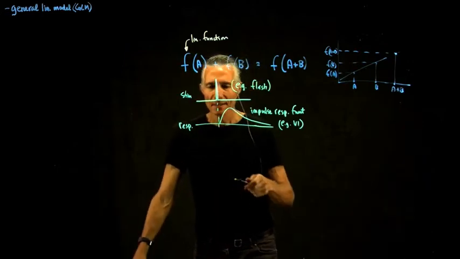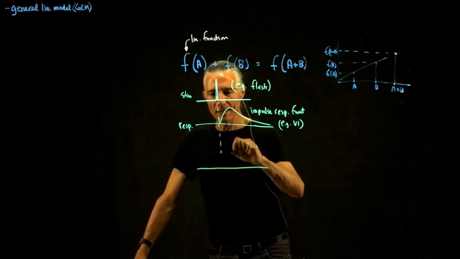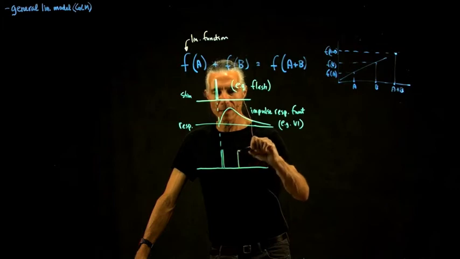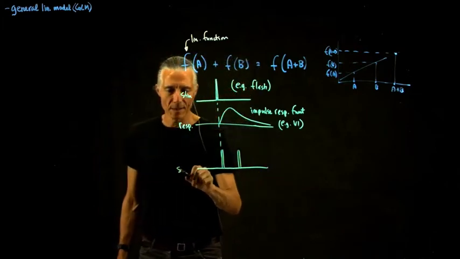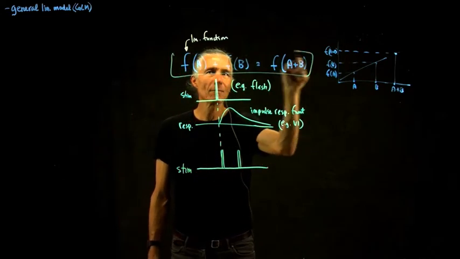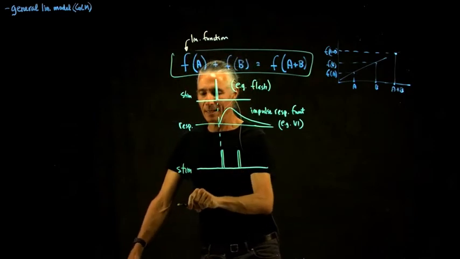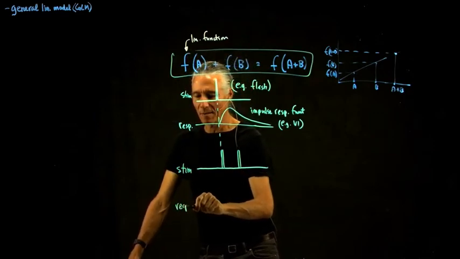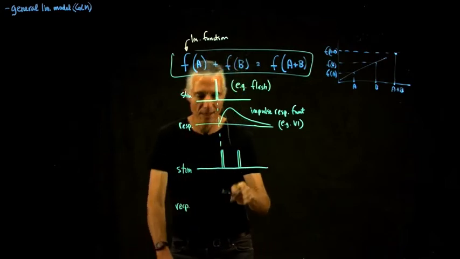Then see if you can predict the response to two flashes that are close to each other. So if you put two flashes close to each other like that, so that's the stimulus. If it was a linear system, then we should be able to predict what the response to this is on the basis of just the response to a single flash. And so what would you do?